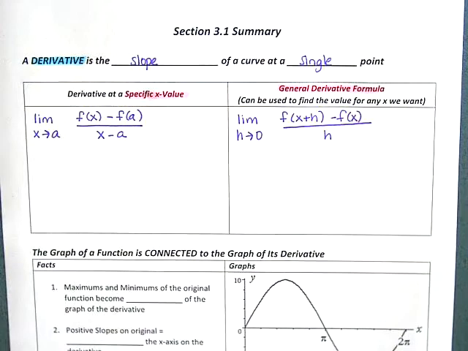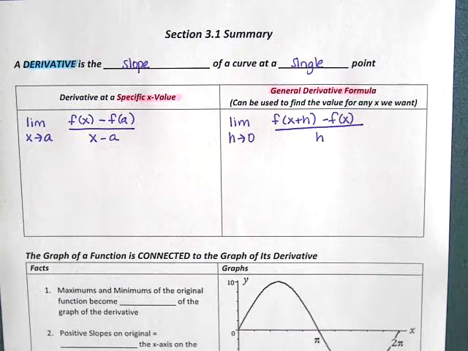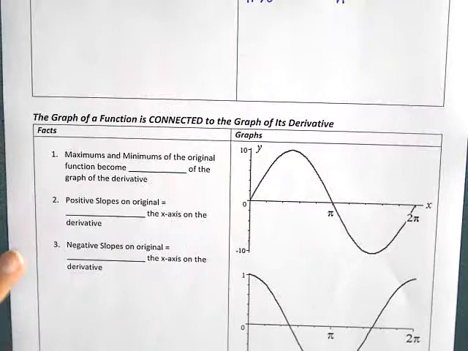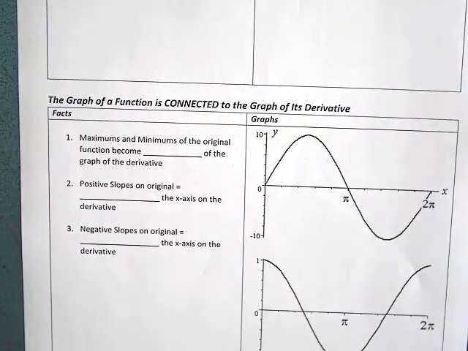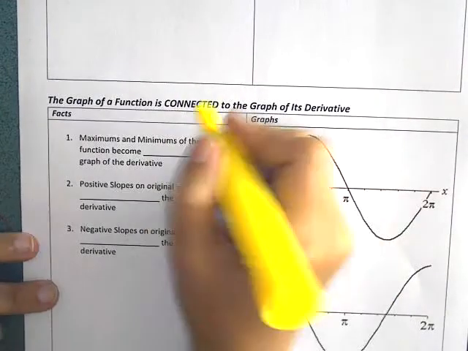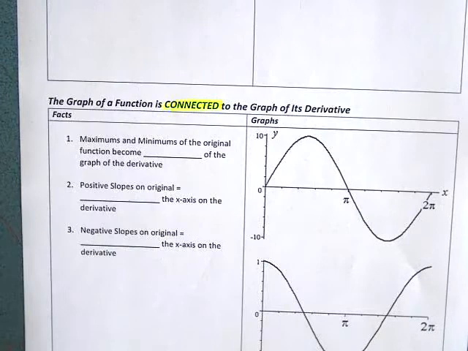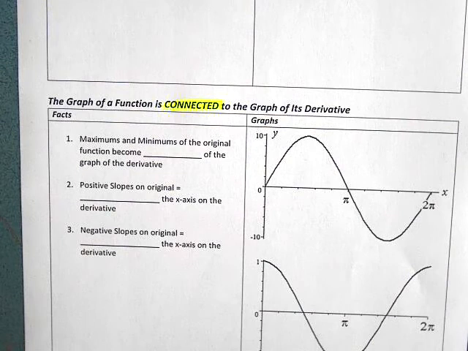We also learned that the graph of a function is connected to the graph of the derivative. This word connected is really important because since they're connected, we can actually figure out what these graphs should look like based on one alone.